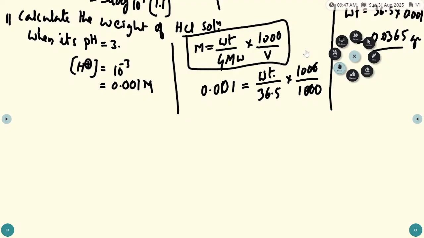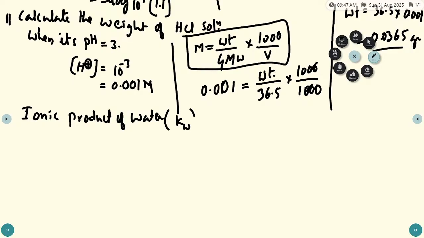Water, ionic product of water. So it can be denoted by Kw. So Kw means ionic product of water.